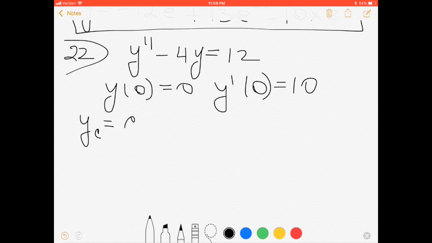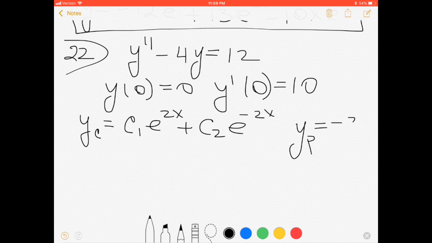This will be the general solution c1 e^(2x) plus c2 e^(-2x). The particular solution will be -3 only. Here we need to find the solution of our equation with the given initial point.